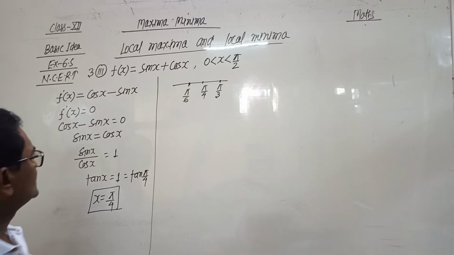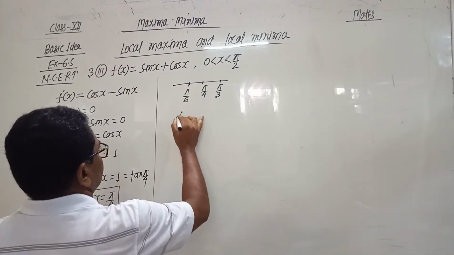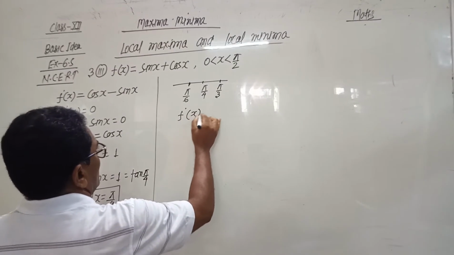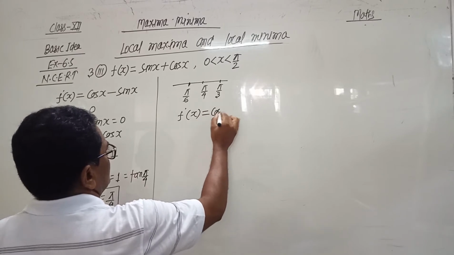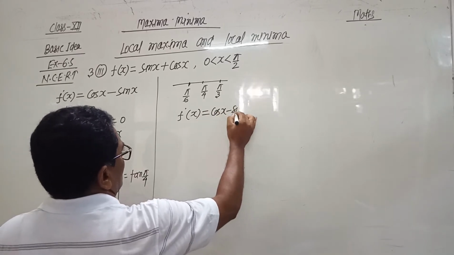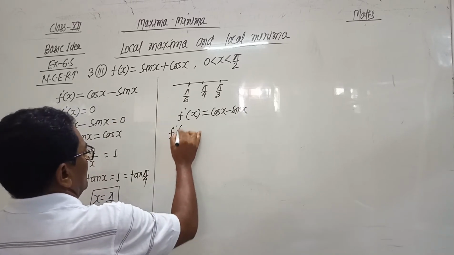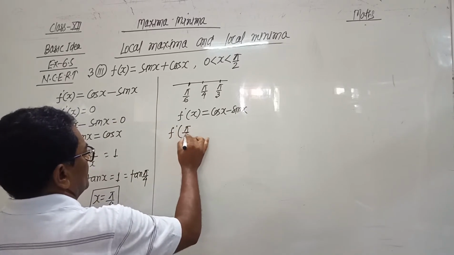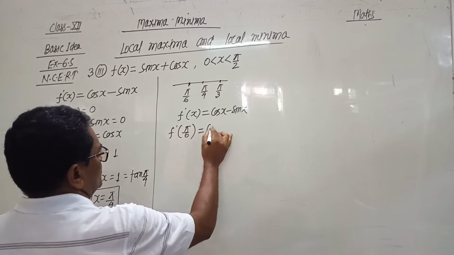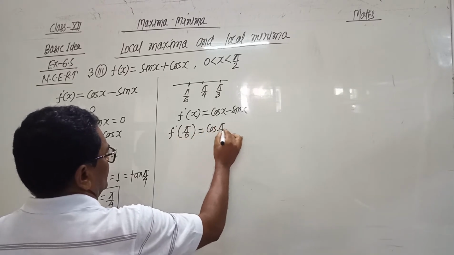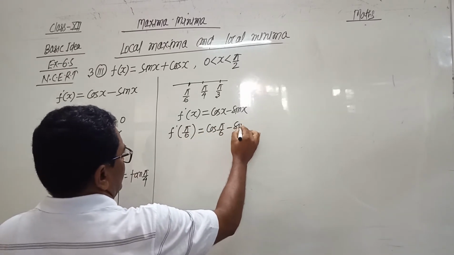And f dash x is cos x minus sin x. We find f dash pi by 6, so cos pi by 6 minus sin pi by 6.